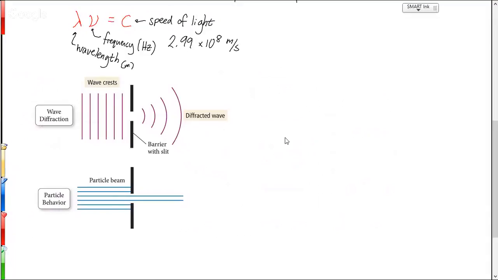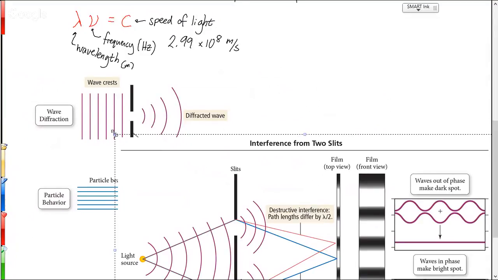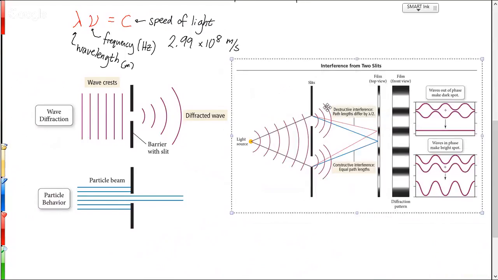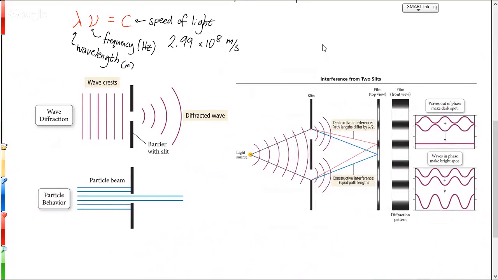If you do this 2 times, and we're going to talk about what some of the consequences are for this, because it gets a little weird, you're seeing that diffraction at each slit, and then those waves are interfering with each other in different ways depending on where they are. So you end up with this pattern where some of the waves interfere constructively and you get peaks, and some of them interfere destructively and you get flat.